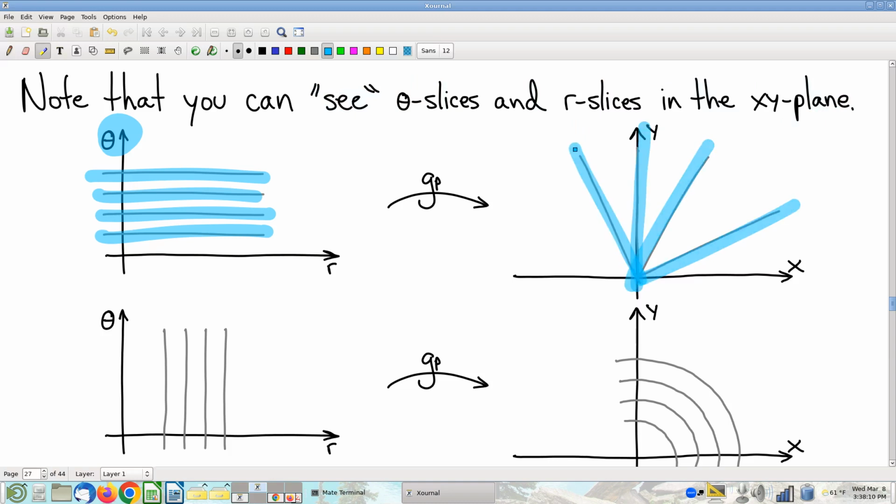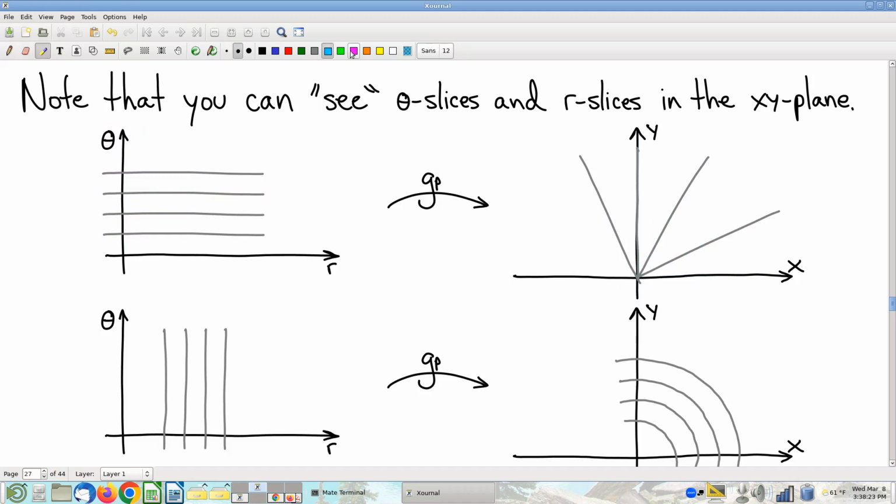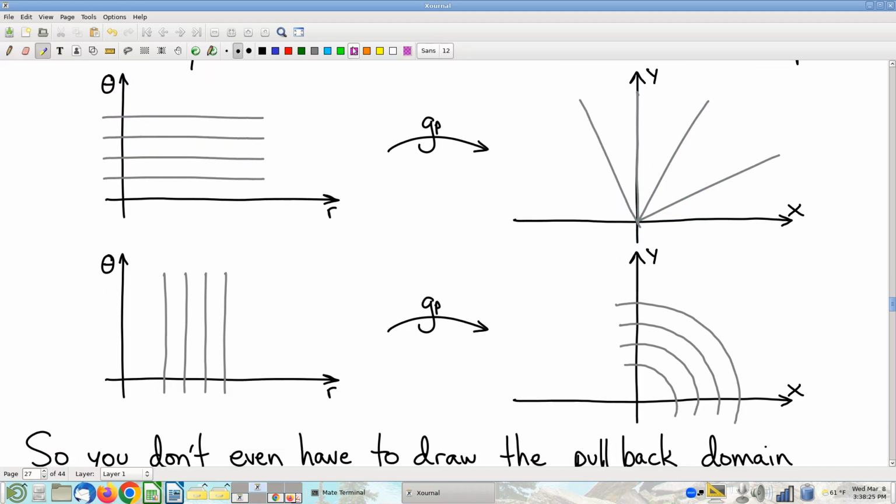They just look like little radial rays coming out of the origin, like that. So, for whatever that's worth. And then likewise, r slices, like this, constant values of r. Well, I can see those in the xy plane as well. Constant values of r are just pieces of circles like that.